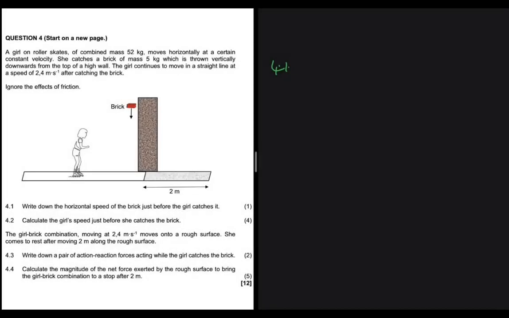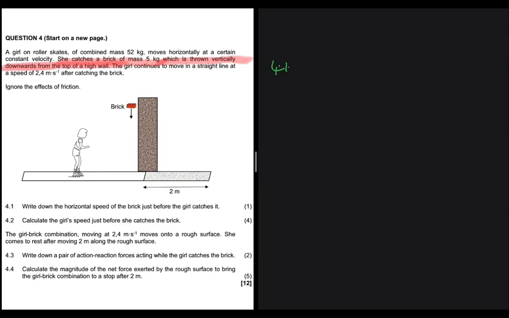Write down the horizontal speed of the brick just before the girl catches it. So here in the question statement, we are told that the girl catches a brick of mass 5 kg, which is thrown vertically downwards from the top of a high wall.